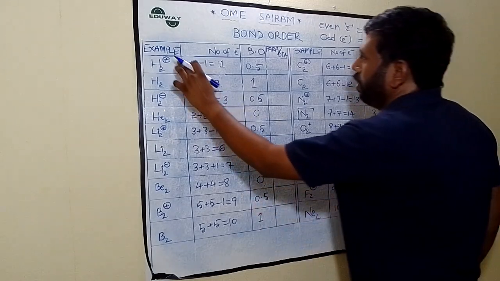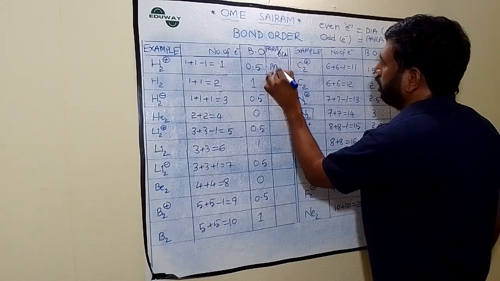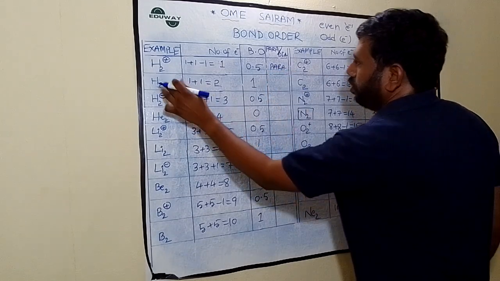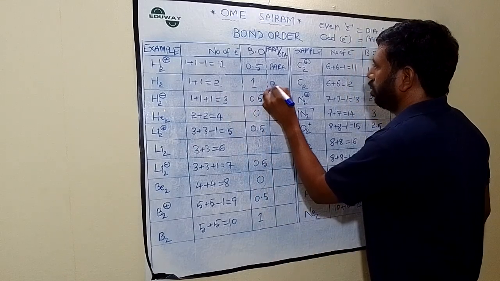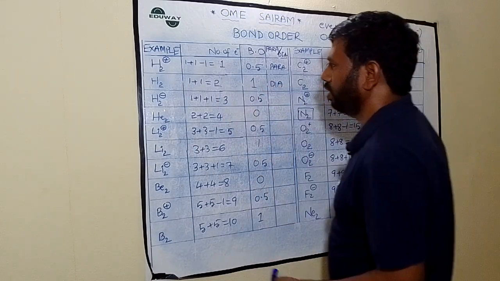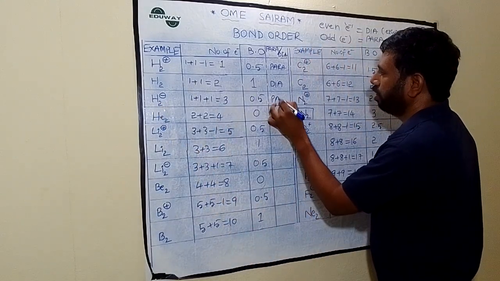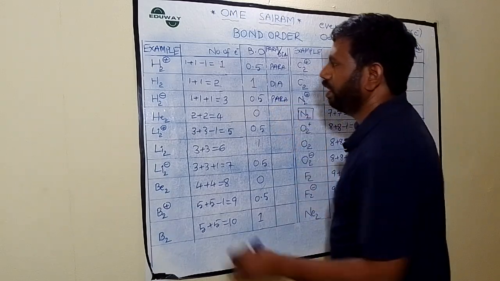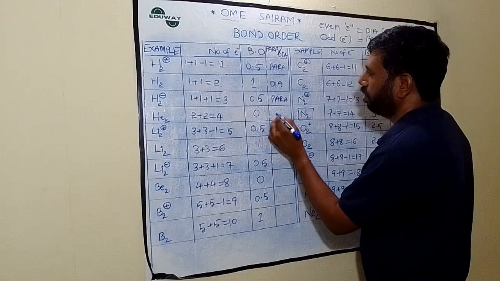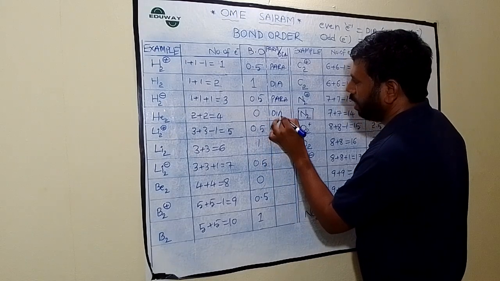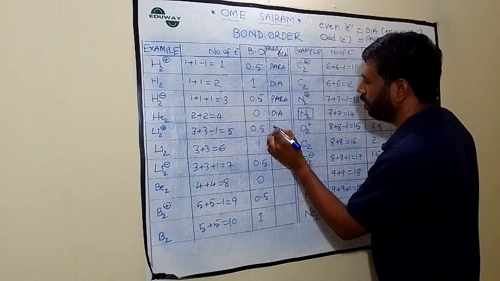Now H2 plus contains 1 electron, that is odd, paramagnetic. H2 molecule contains 2 electrons, that is even, diamagnetic. H2 negative charge contains 3 electrons, that is odd, paramagnetic. He2 contains 4 electrons, that is even, diamagnetic. Li2 positive charge, 5 electrons, that is paramagnetic.